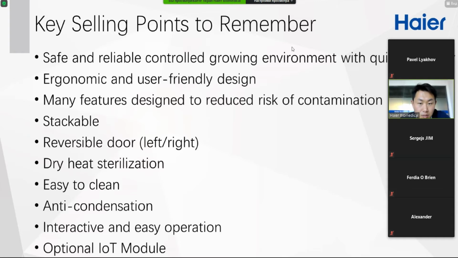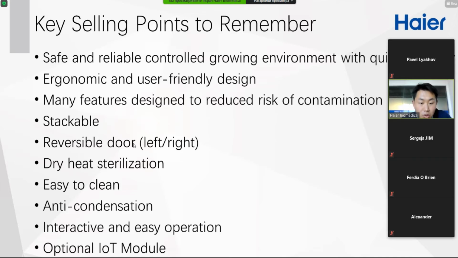The key selling points for this CO2 incubator are a reliable growing environment, quick recovery, and user-friendly design, with many designs to reduce the risk of contamination: stackable, and a reversible door.